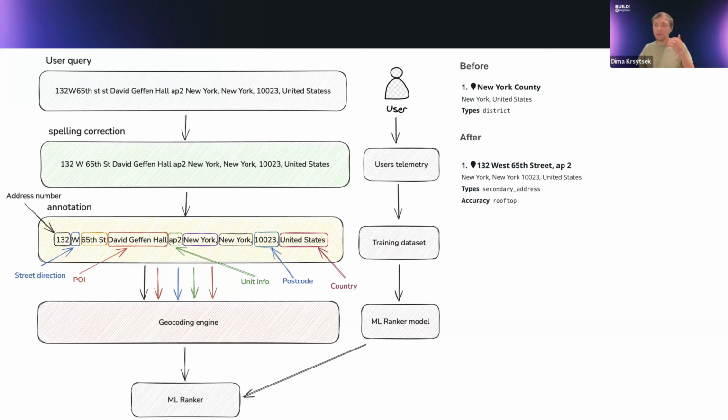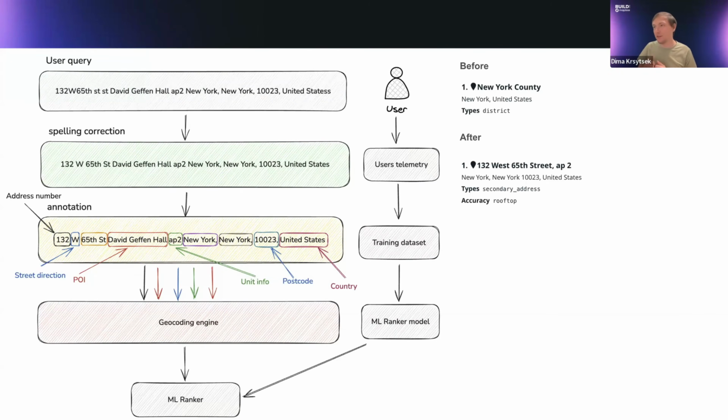The model can take all those parameters, all that information about each address, about the user query, about user proximity, and so on, and then order results correctly according to what users really select, based on the experience the model gets during training.